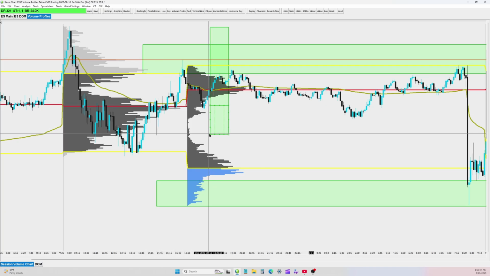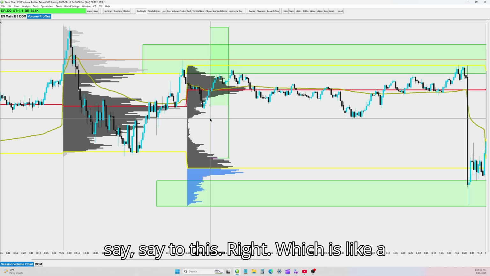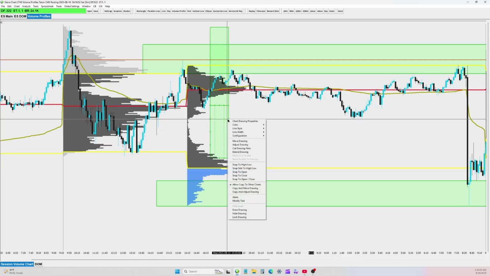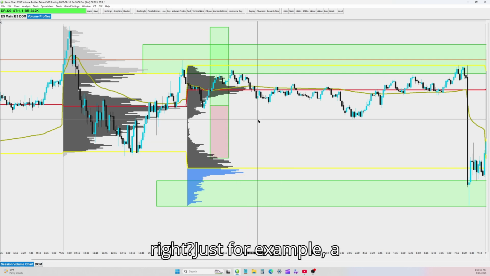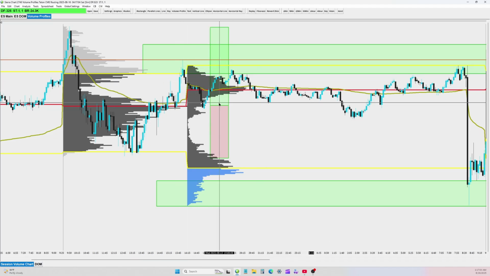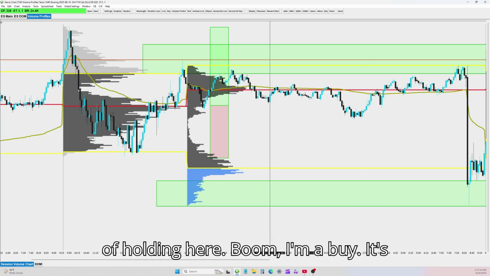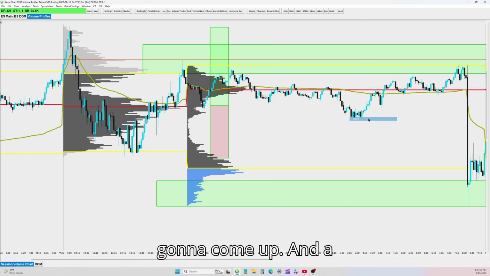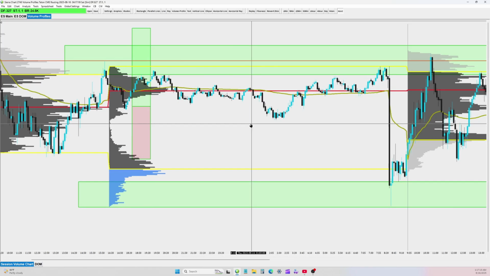Say to this, right? Which is like a crazy stop loss. Just for example, a lot of these people, once they saw, oh okay, it's kind of holding here, boom, I'm gonna buy it. It's gonna come up, and a lot of these people have stop losses.